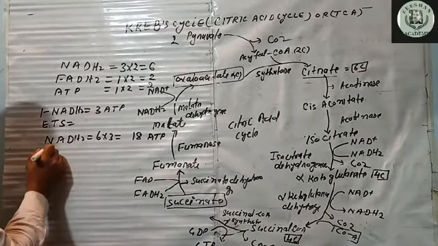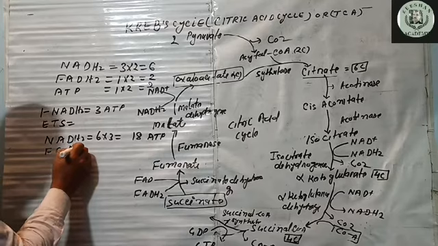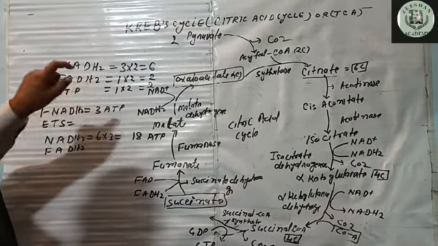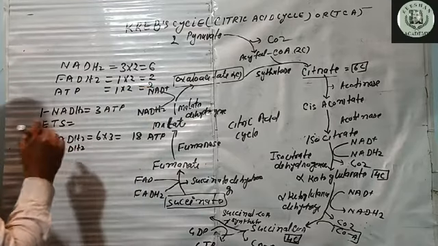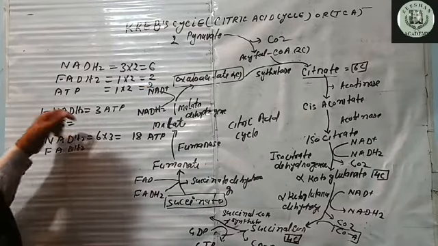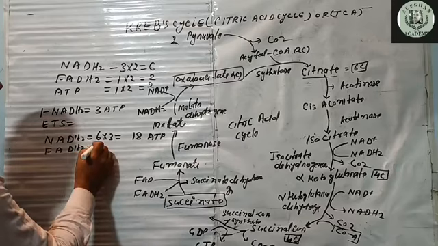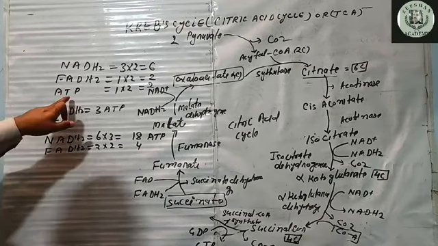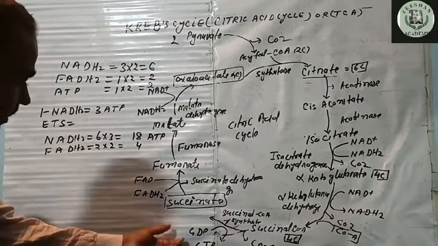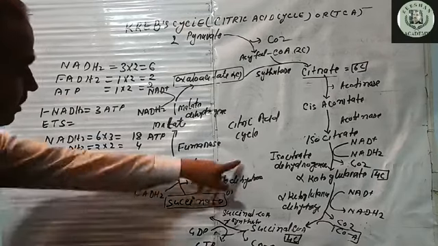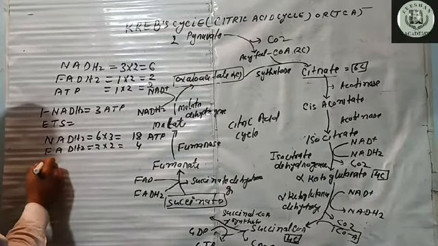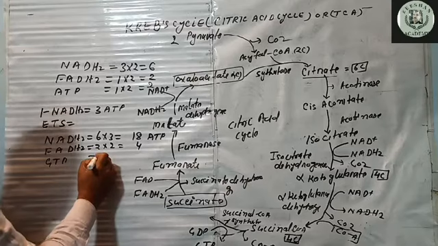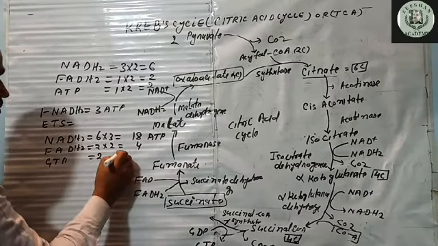For FADH2, 1 mole of FADH2 is responsible for the production of 2 moles of ATP with the help of the electron transport system. So it is 2 into 2 equal to 4, and 1 ATP is directly released in the Krebs cycle, and their number is from the GTP, that is 2.